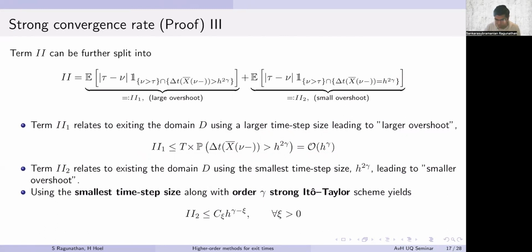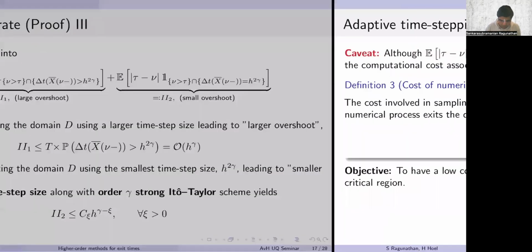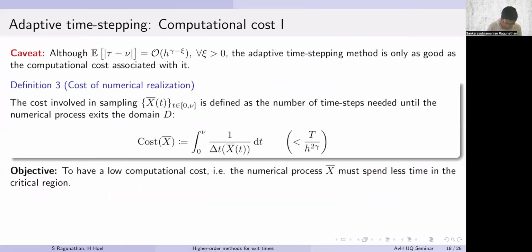So if you were to use a 1.5 order scheme, you would use the smallest time step size of h cubed. So that would lead to a smaller overshoot. That's why we label term 2 as a small overshoot term. And using the smallest time step size, you can show that the second term is bounded as such. So combining all the terms together, we can show that the strong error is of this order.